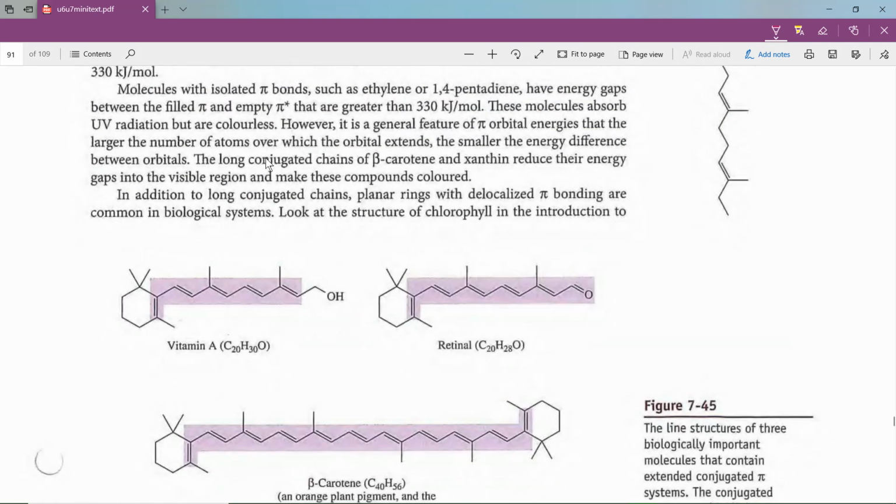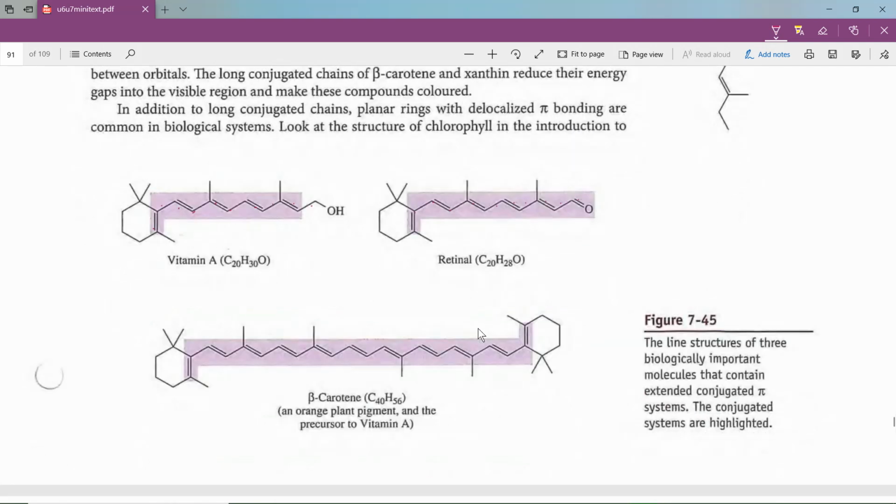You got vitamin A, that looks like there's more conjugation, right? Because you got a single, double, single, double, single, double, single, double, single, double. So that's good. Retinol, double, single, double, single, double, single, double, single, double, single. That's good. So those are conjugated.